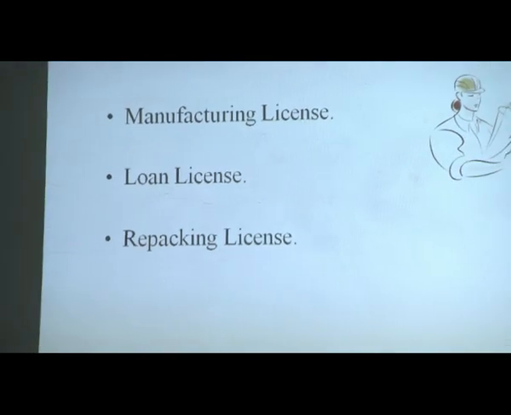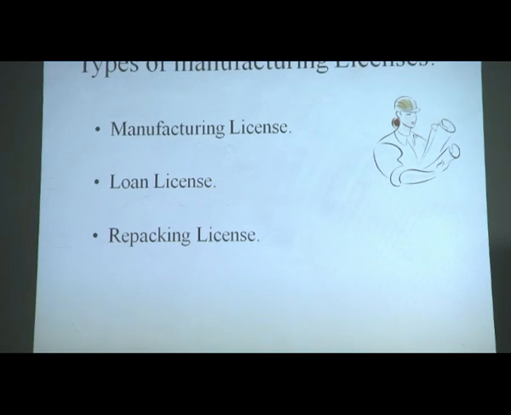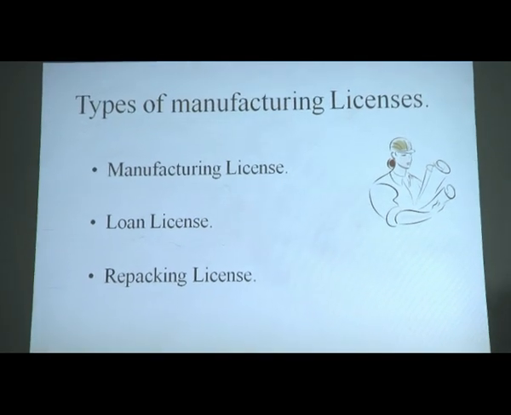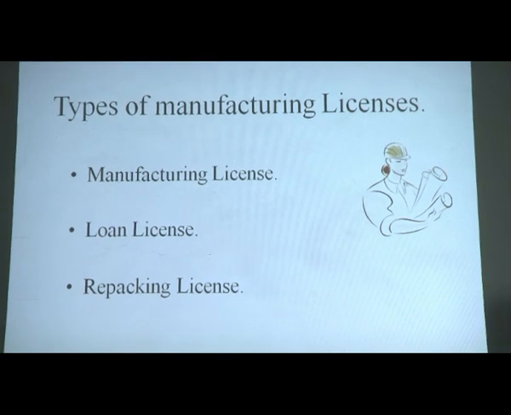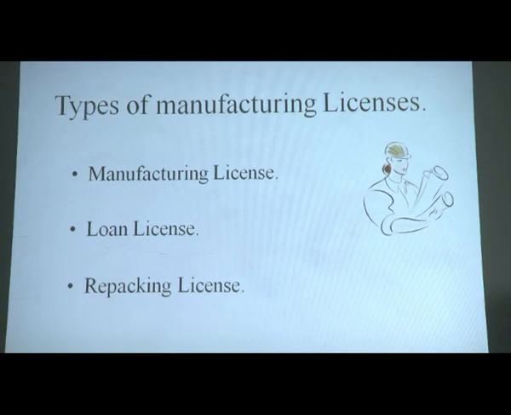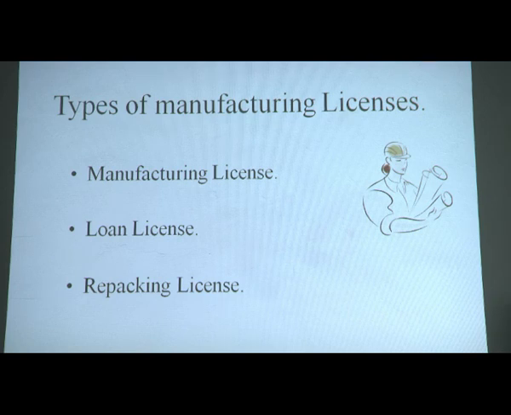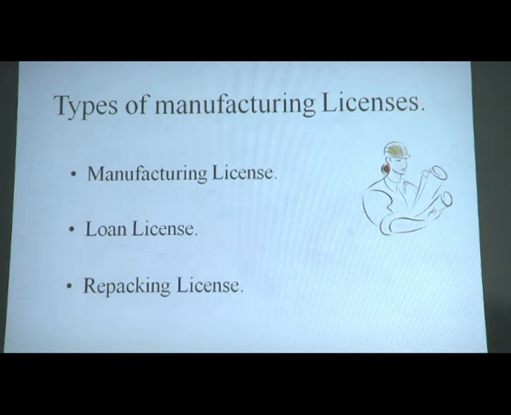Then, types of manufacturing licenses. First is the manufacturing license. A person who has his own facility for manufacturing may apply for the manufacturing license in a prescribed form. The second one is the loan license.